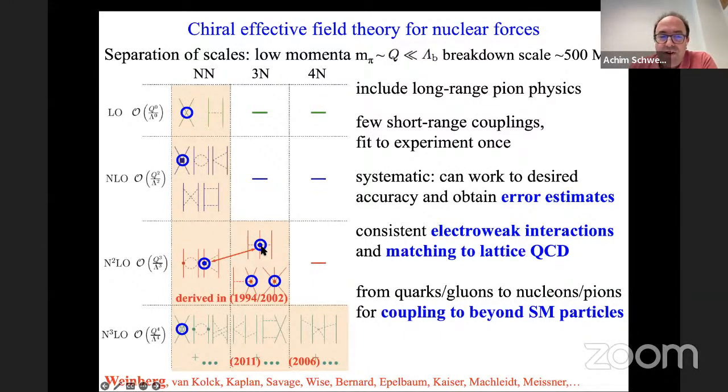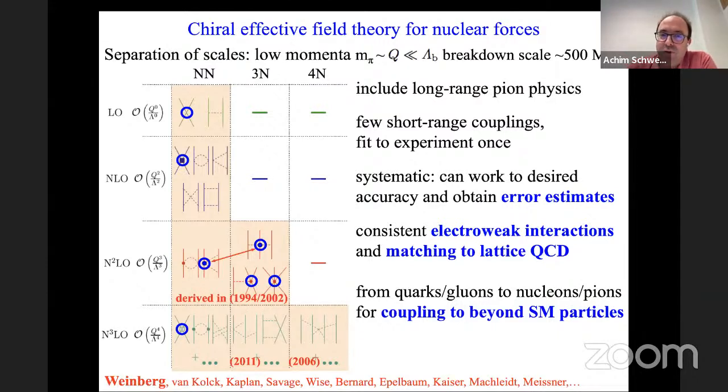And for that reason, if you wanted to go for a complete N3LO calculation, which we have done only for neutron matter at this stage, or nuclear matter, then there are just these two couplings here. Everything else is chiral perturbation theory Lagrangians, which have been well determined in the pion-nucleon sector already.